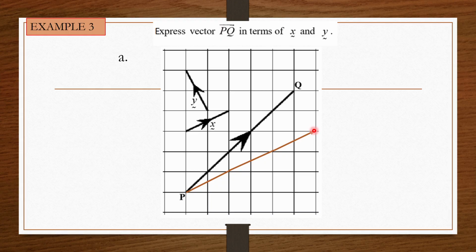Moving in the same direction as the given x vector, therefore it is 3x. Then from this point you move up, that is vector y. Therefore the resultant vector PQ will be 3x plus y.